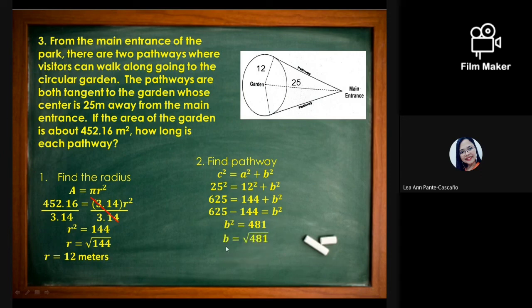So, that will be now B is equal to the square root of 481. So, using your calculator to find the square root of 481, the value now is approximately 21.93 meters. So, yun po pala yung sukat ng ating pathway. So, the measure of the pathway is equal to 21.93 meters.